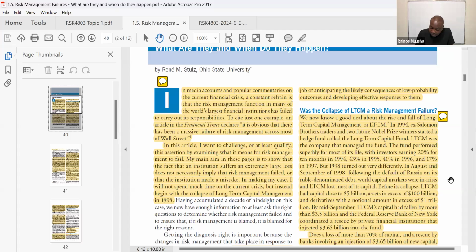By mid-September, LTCM capital had fallen by more than 3.5 billion, and the Federal Reserve Bank of New York coordinated a rescue by private financial institutions that injected 3.65 billion into the fund.